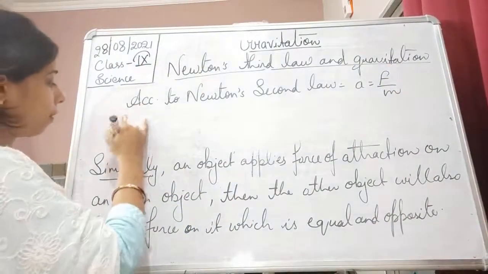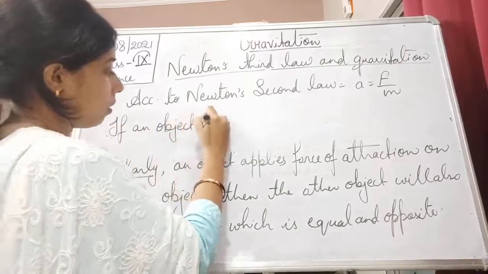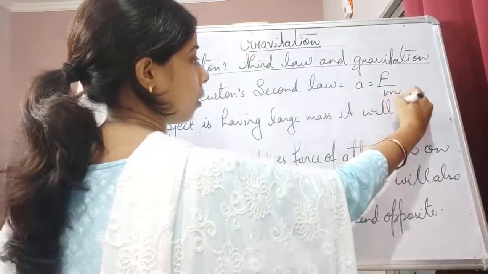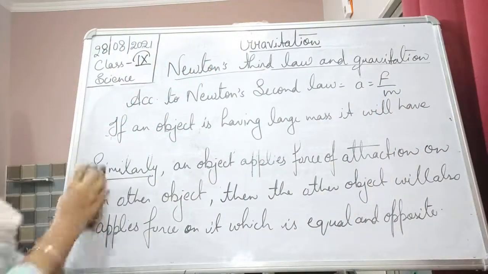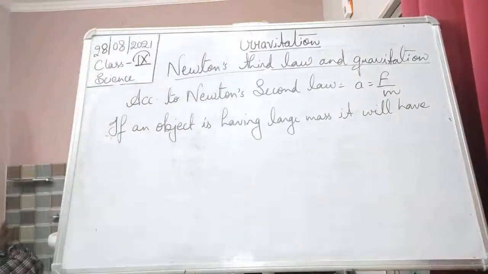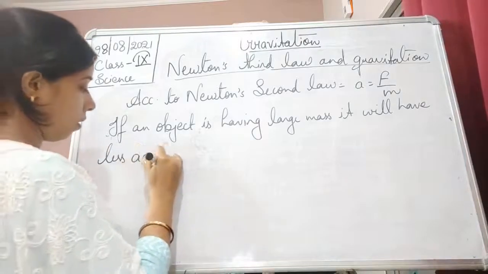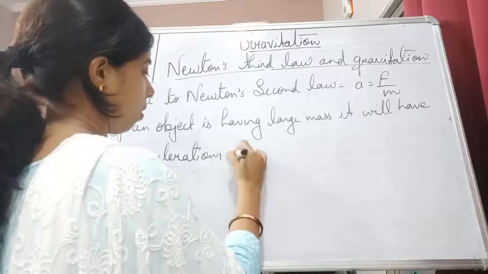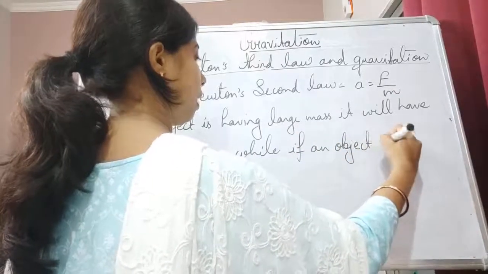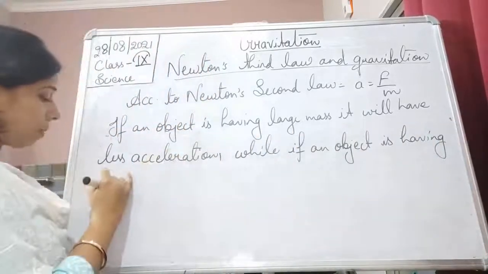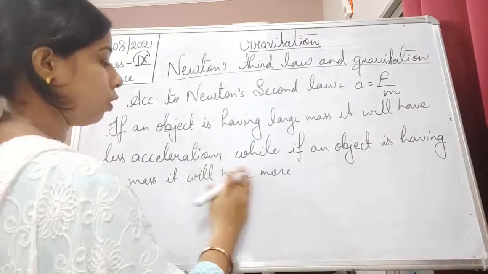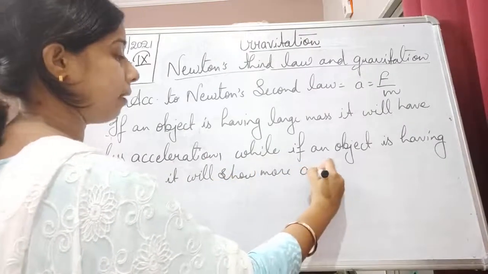It means if an object has a large mass, it will have less acceleration, while if an object has less mass, it will show more acceleration.